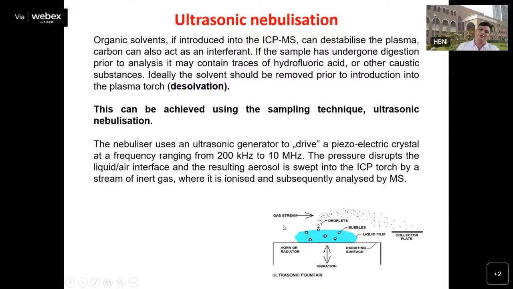Then laser ablation, LA-ICP-MS, is a very sophisticated one. If you have laser ablation hyphenated with ICP, we can introduce the atoms into the plasma with the help of a laser, in which the solid sample is put directly into the plasma.